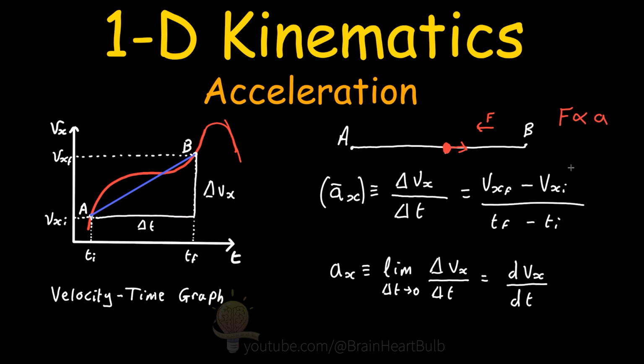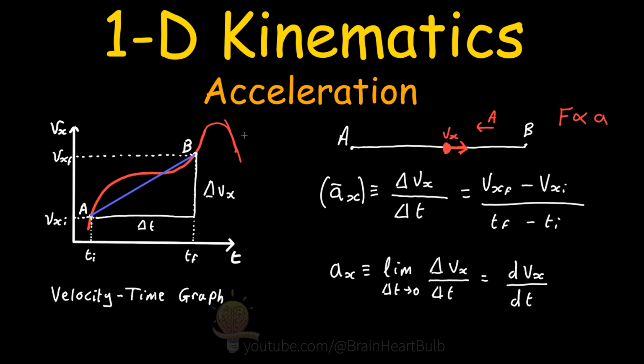It's really important to mention here that if the velocity of the particle, which is a vector, points in this direction, and the acceleration acting on this particle is in the opposite direction, then the particle will slow down, as we can see at this point here.